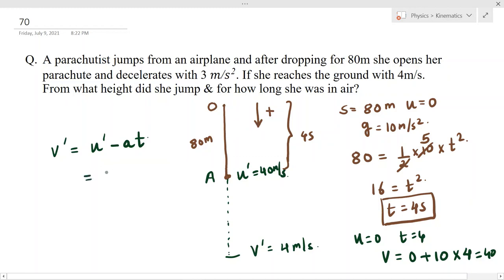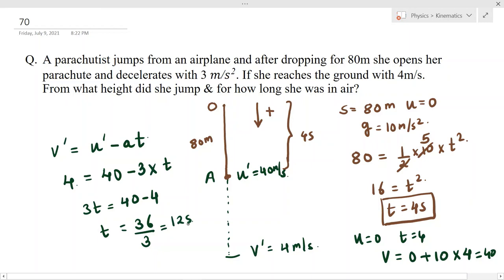So u dash is 40, minus 3 into t. T we have to find out, and v dash is 4. So let's take 3t to the left side. This becomes 40 minus 4, which is equal to 36, and t then becomes 36 by 3. So this is 12 seconds.